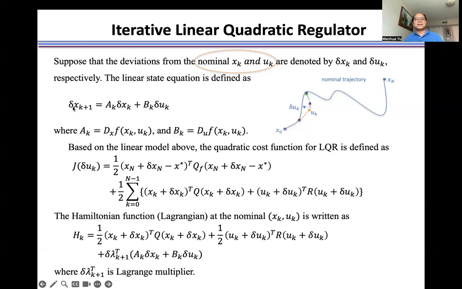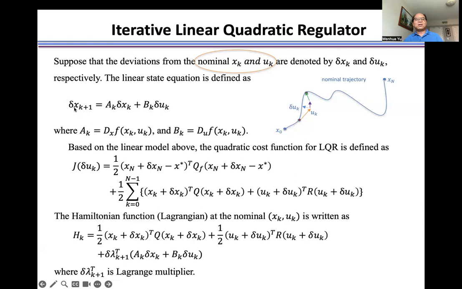This is still a linear dynamic, and the corresponding cost function is also written with respect to the variation of the control.